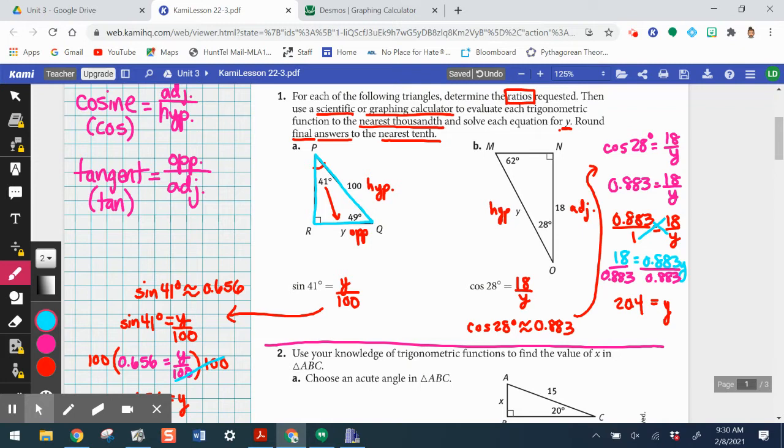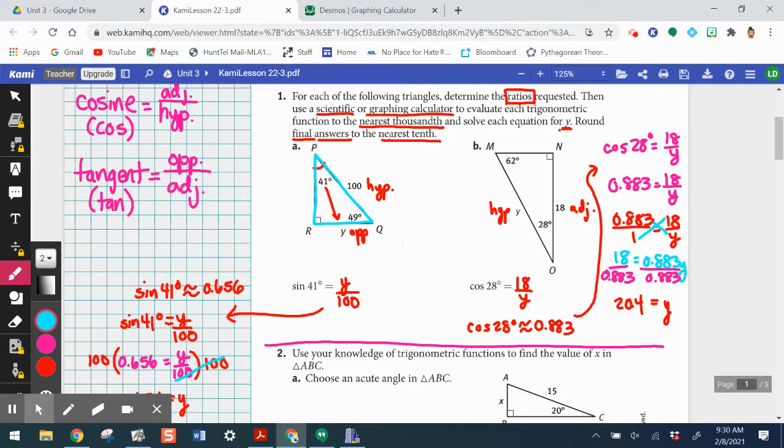But by studying these trigonometric ratios and knowing that if we have another right triangle with an angle of 41 degrees, when you compare the opposite side of that angle to the hypotenuse, it's going to be equivalent for this triangle as it is for any other right triangle that contains a 41 degree angle.